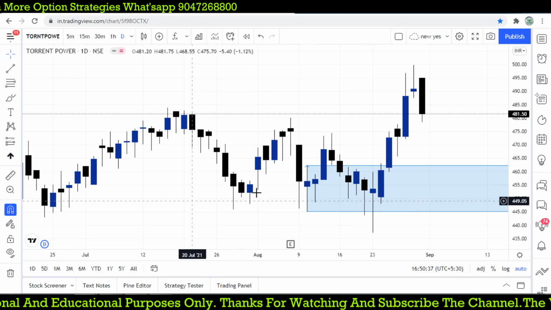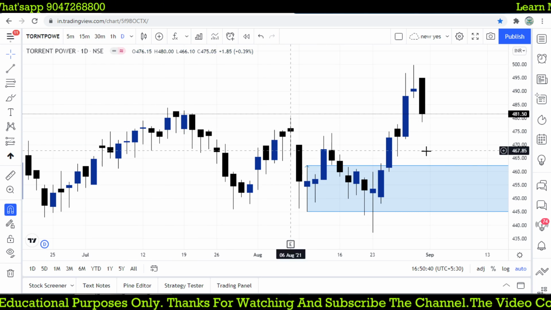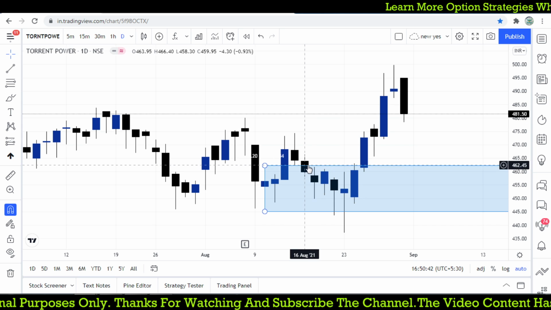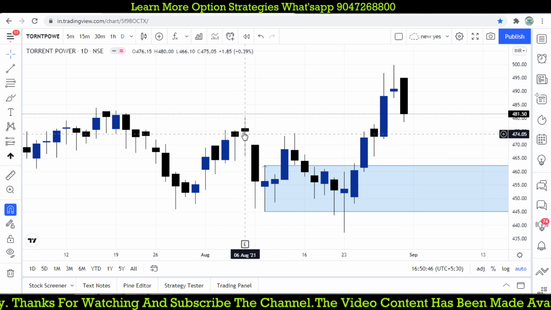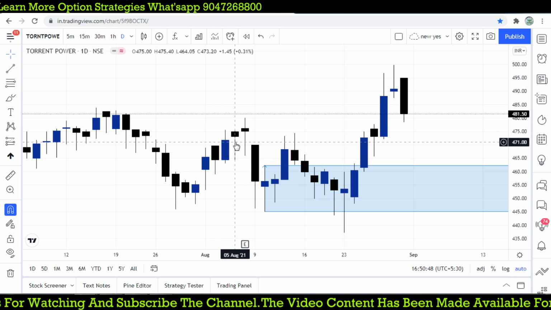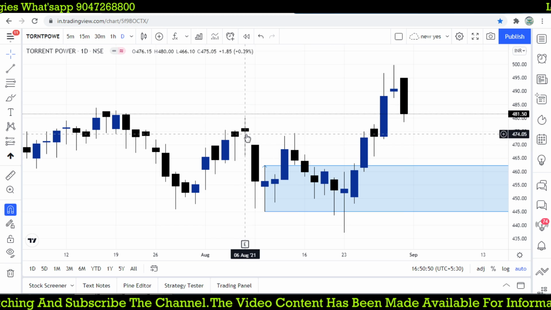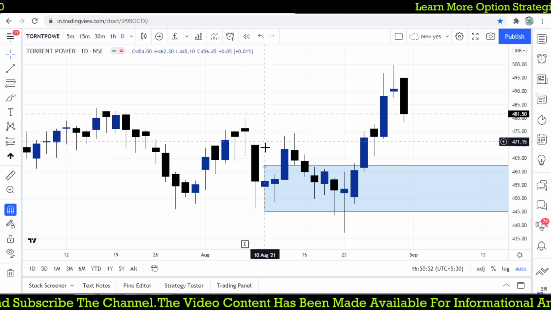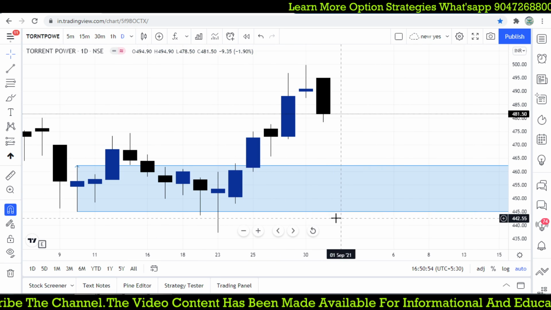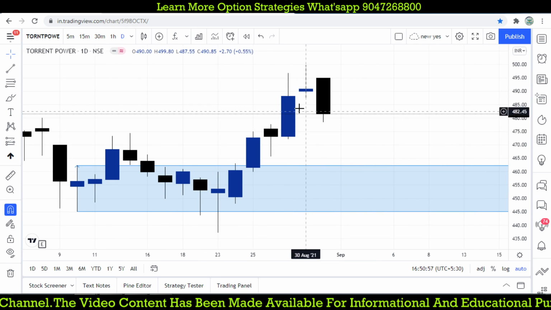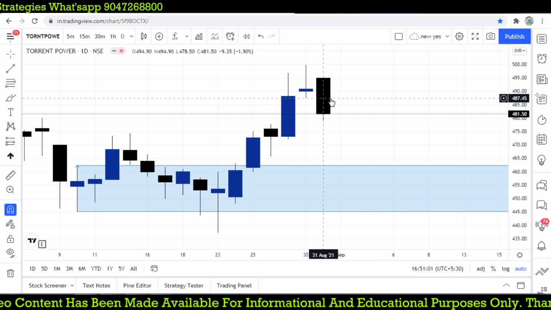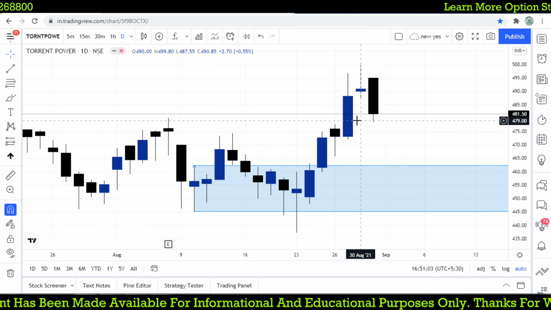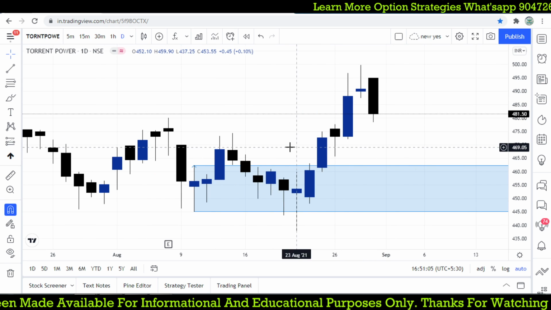Torrent Power August 9th, somewhere here, sorry, this one. This one is not valid because the previous candle should be a bullish candle, the second one should be red, and the third one big. Here we find all three are red, and again this one is forming a shooting star or hammer today. It gives you such a 7 rupees. So this is the power of the candlestick pattern.